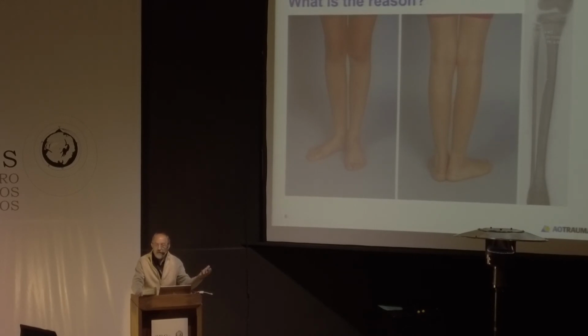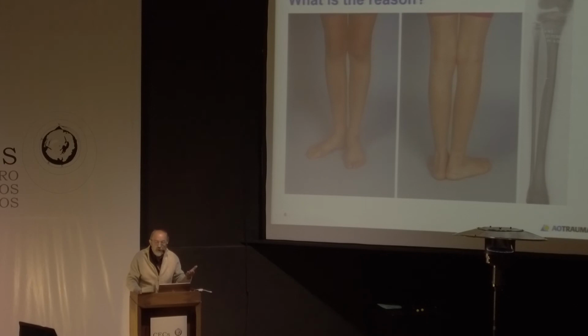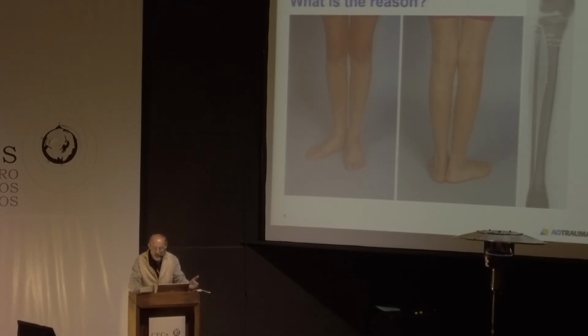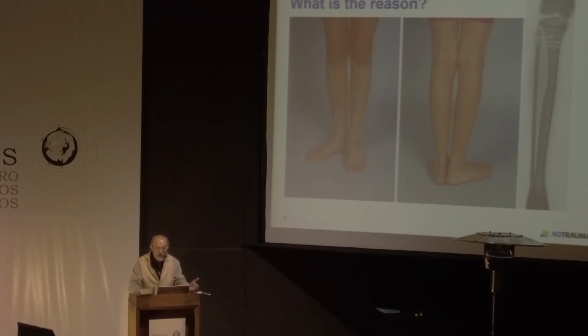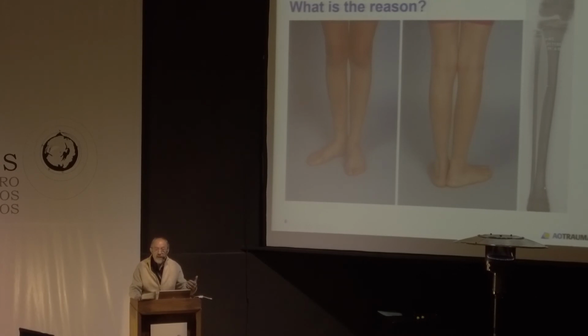You see here such a typical example. It does not look very clear. Only one foot has an external rotation, the other foot looks good. That is something strange. And when you look at the X-ray, you see a healed fracture. So this girl, now 15 years old, when she was 10, had a long spiral fracture of the tibia, and she was casted in a long leg cast, but without a flexed knee.